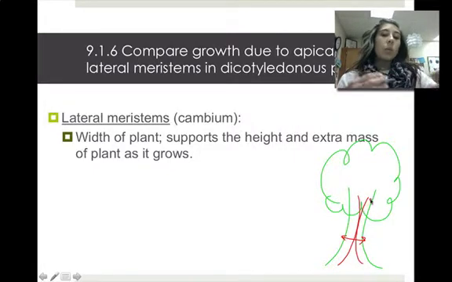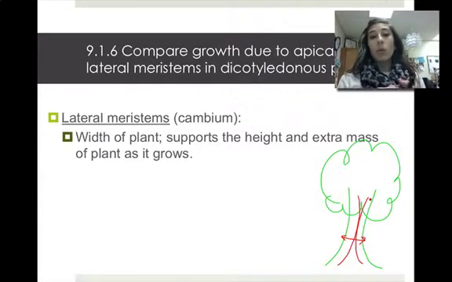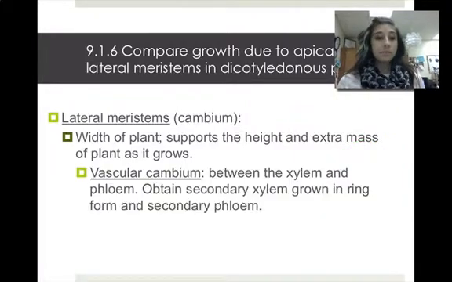And the width, that girth of a plant, is going to help support the weight and any extra mass that the apical meristems are causing the plant to have. So as that plant grows tall, we want some lateral meristems to also differentiate into specialized cells so that we can support how tall the plant is getting. If you consider really tall trees, that's why their trunks get really wide, because they have to support how tall the tree is, or else it would collapse.